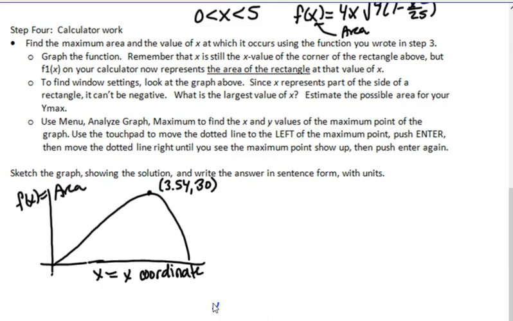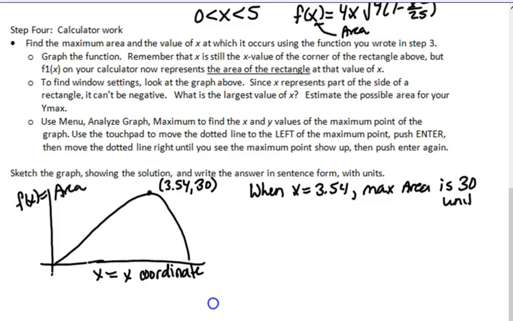So this tells me when x equals 3.54, the maximum area is 30 units squared. So when this is 3.54 units of length, whatever that length is, the maximum area is 30.